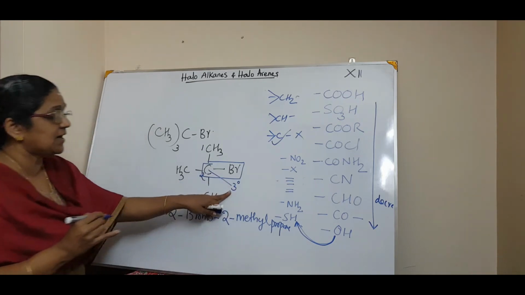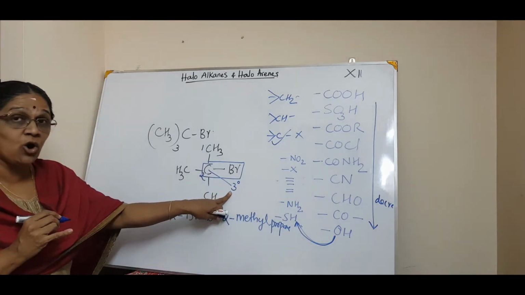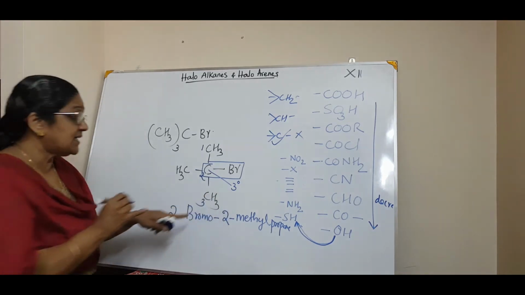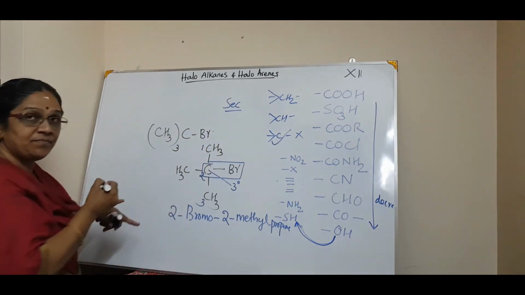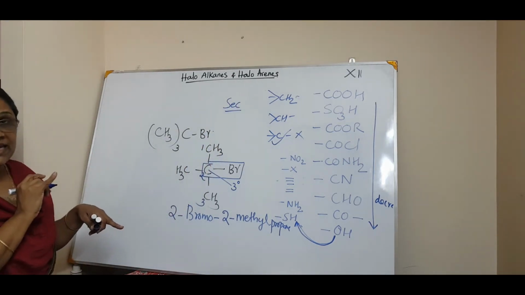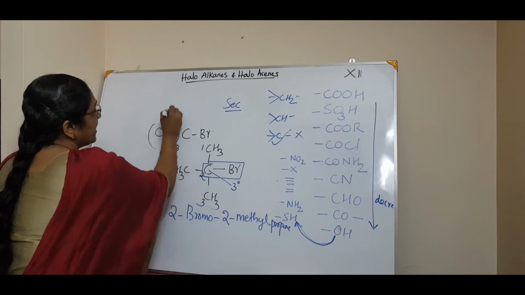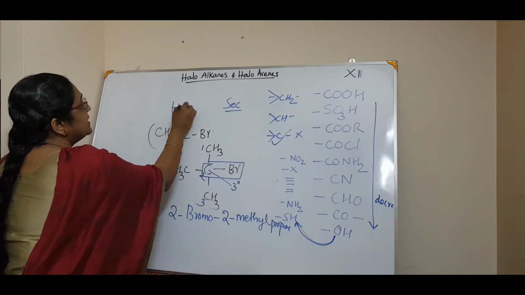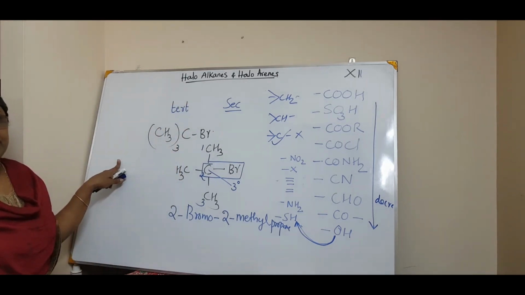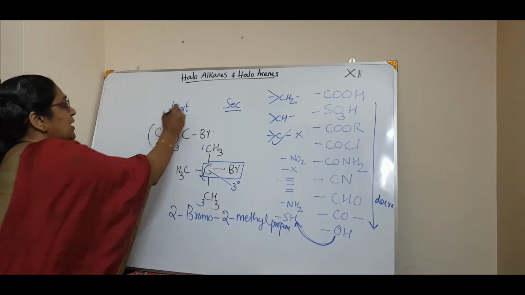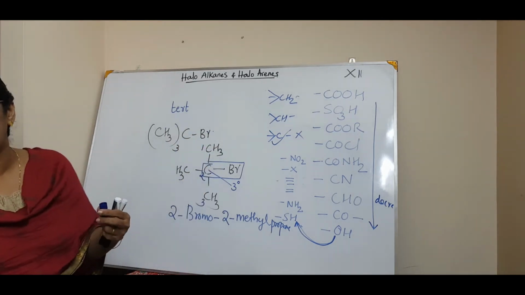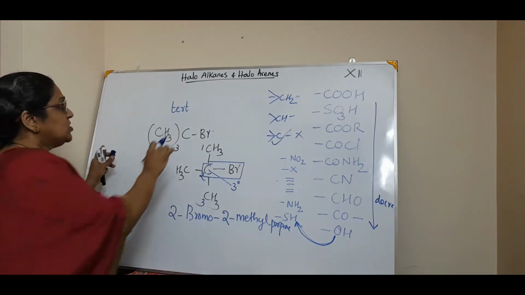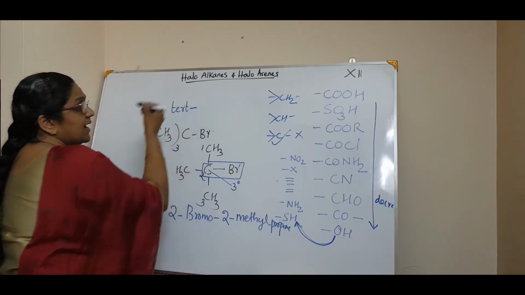So the common name will be tert. Secondary we have written as sec in small letters, if you remember. Here in tertiary you can write it as tert. Got it? So it is tertiary. After sec there is a hyphen, so here also tert, there is a hyphen.